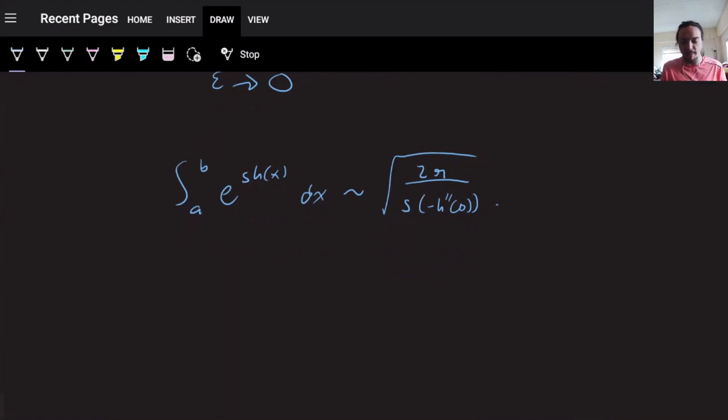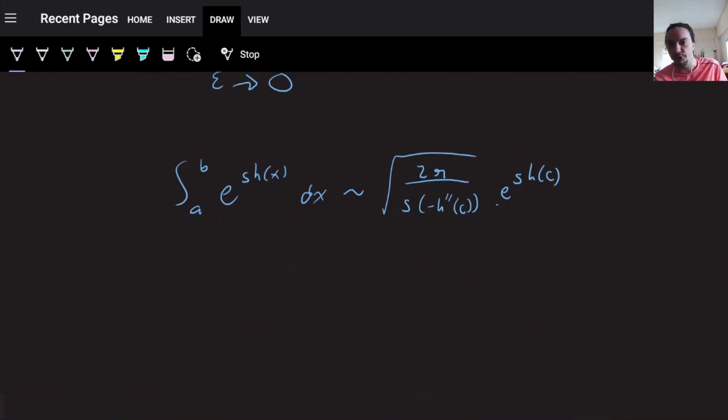Okay, so remember that if you are going to use this for a function which doesn't have its max at 0 and doesn't have the max centered, then this guy will turn into where the max is, and then we'll also get a factor of e to the s times the location, or the value of the max, okay?